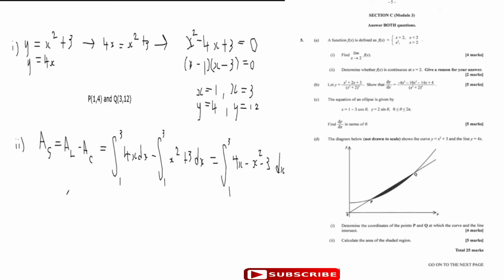Combining them, what we're going to get is that the area shaded is equal to, when you integrate, you add 1 to the power, so you get 4x squared divided by 2, minus this now x cubed over 3, minus 3x, and we're integrating from x being 1 to x being 3.